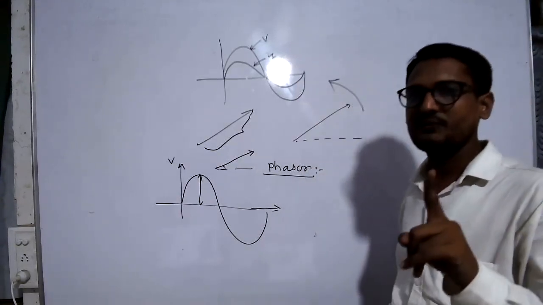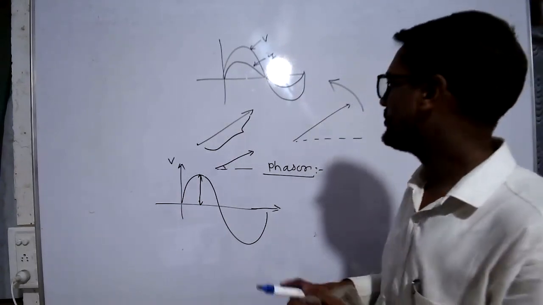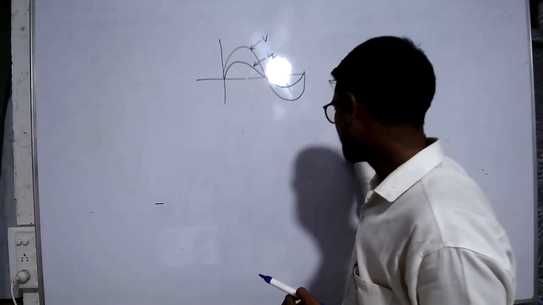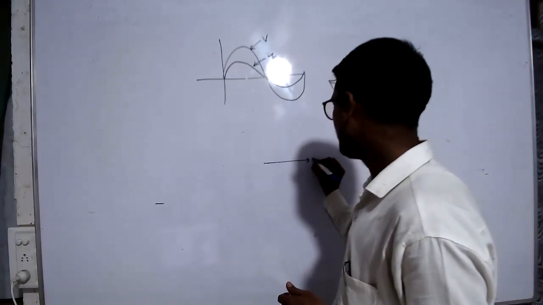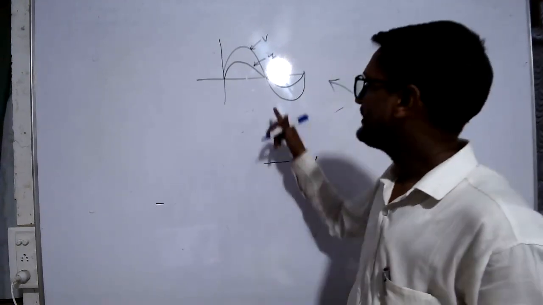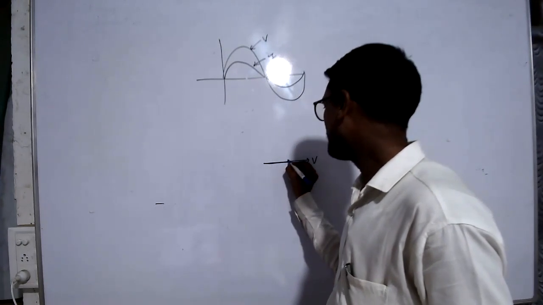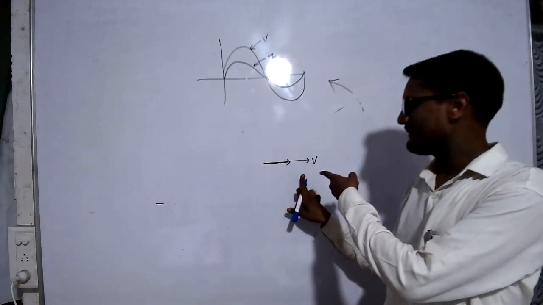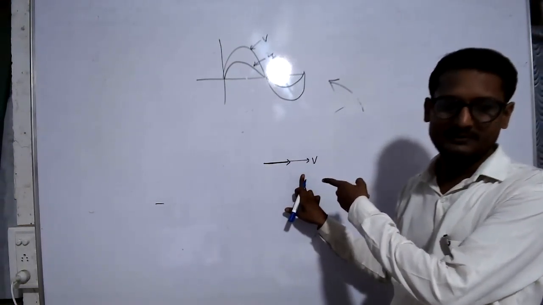If the frequencies are the same, then we can draw the current and voltage phasors at a time. The voltage phasor is V, and there is no phase difference between the two lines, so the current phasor is on the same line. That means both are in phase.